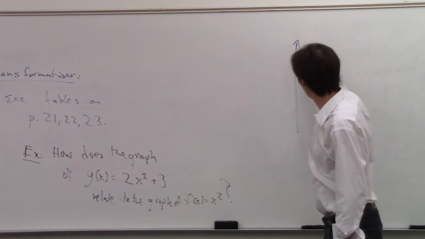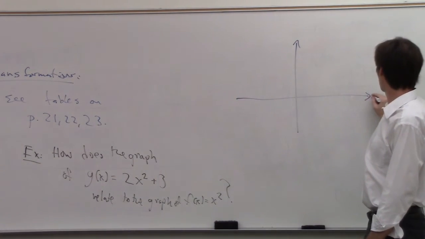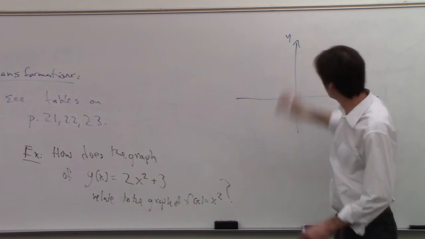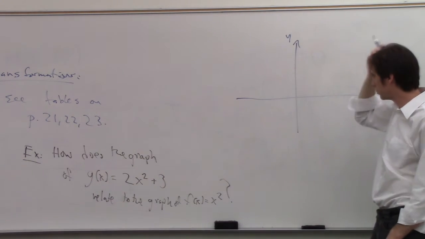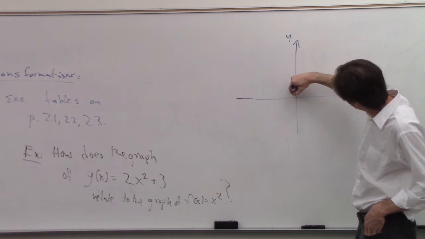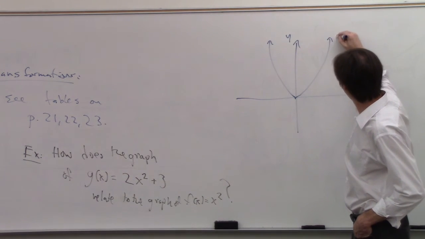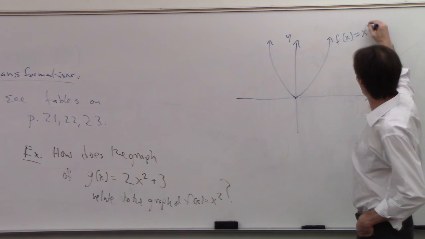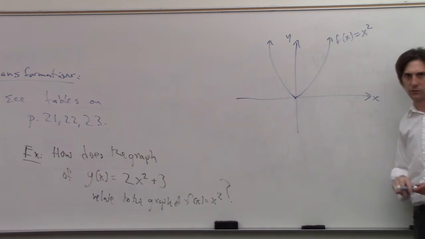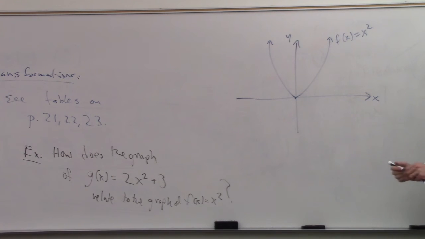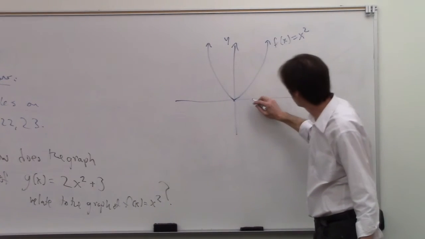So in the xy plane, again, you've probably seen this somewhere. If you haven't, we can talk more about it tomorrow. But I think what you remember is that the graph of f of x equals x squared looks roughly like this.